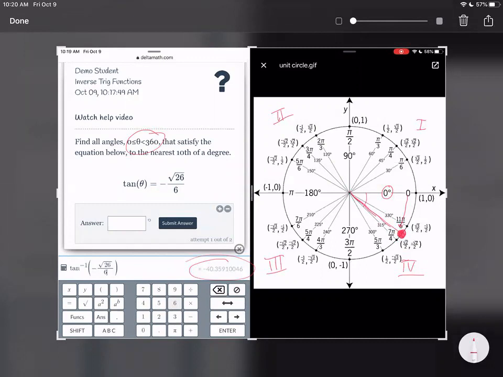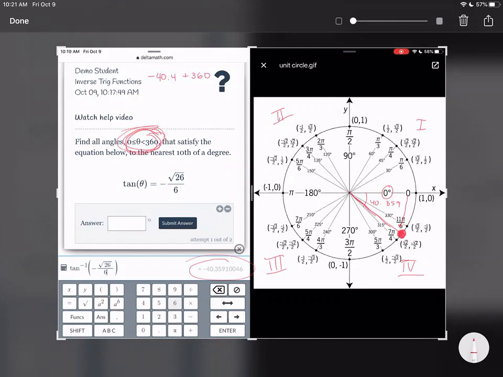So the way you get this measurement to be between 0 and 360 is you literally just add 360 to it. So I'll say that again because I just saw that I was lagging. I'm so sorry, guys. Okay, so it says negative 40, but if we want it between 0 and 360, add 360 to it. So let's round it to the nearest tenth so I don't have to write so much. Negative 40.4, and then you just do plus 360.